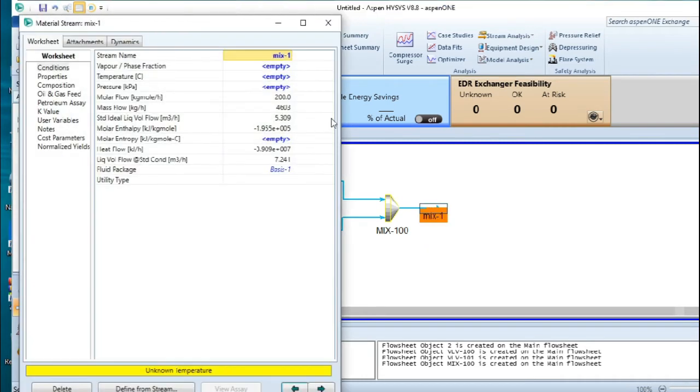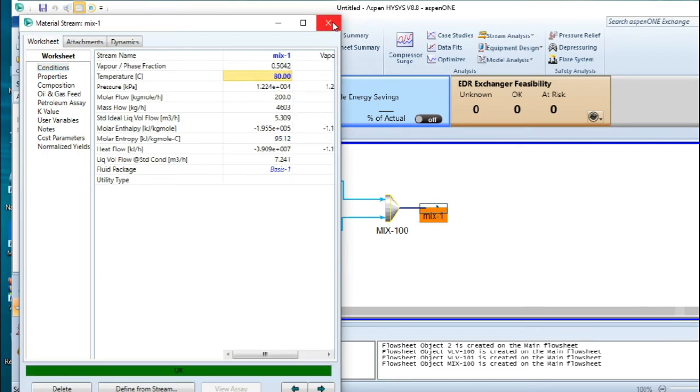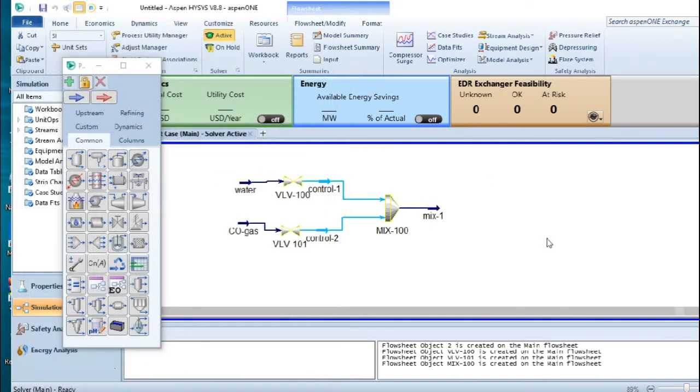So we now go to the mixer. Don't forget the temperature is 176 degrees Fahrenheit. So we now proceed to the other part of the question.